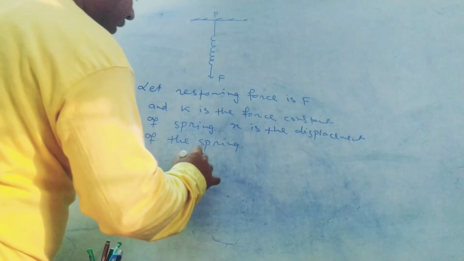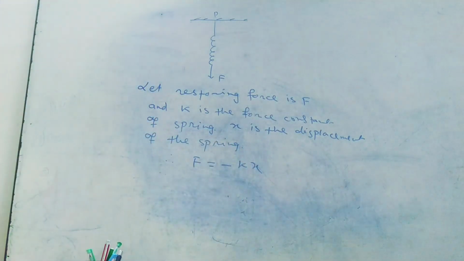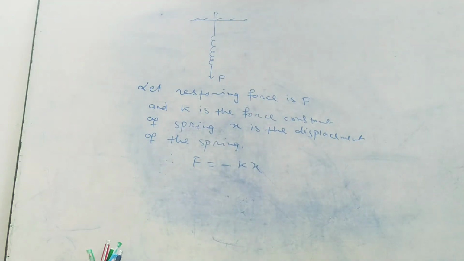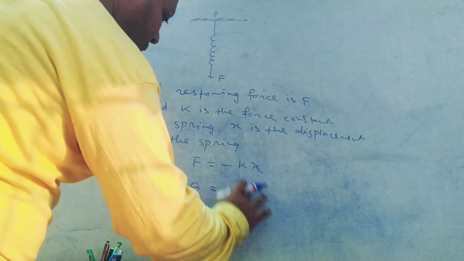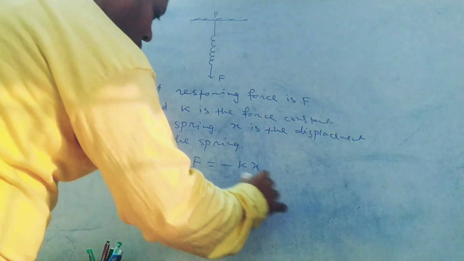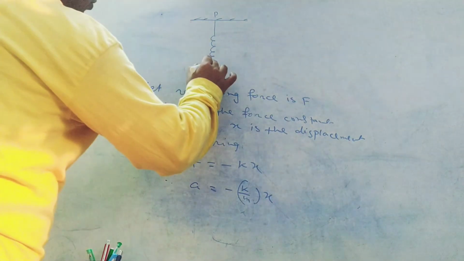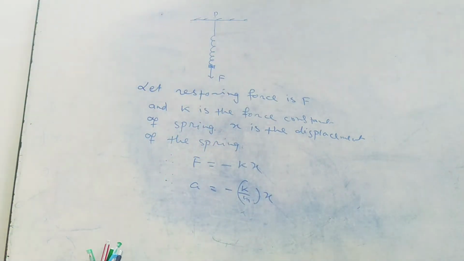Therefore we can write F is equal to minus kx. A negative sign is introduced due to the restoring force. Therefore acceleration a is equal to minus k by m into x, where m is the mass of the bob attached to the spring.